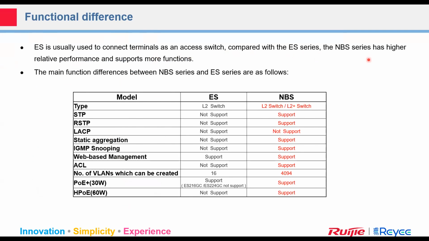Compared to ES, NBS has better, higher performance and supports more functions. So you can see the difference here. ES switch has basic features. It's a L2 switch which supports web-based management, and we can create up to 16 VLANs on ES switch.